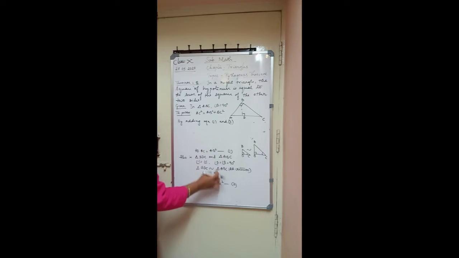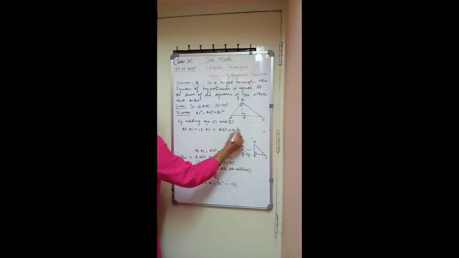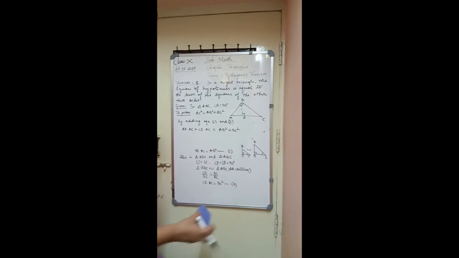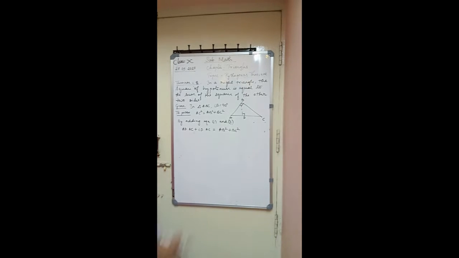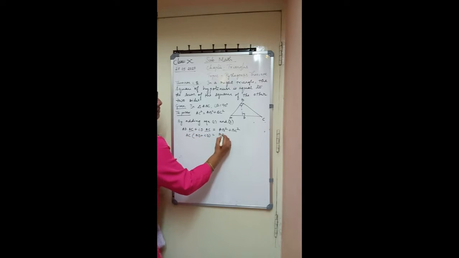So on the left hand side AD into AC and CD into AC equals AB square plus BC square. Now, in these two terms, AC is common. So take AC as common. You will get AC into AD plus CD equals AB square plus BC square.